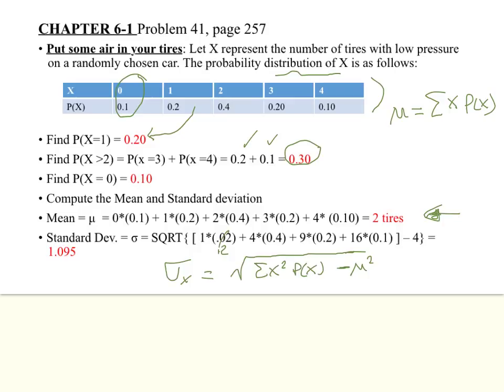The square of 3, which is 9, times 0.2, and the square of 4, which is 16, times 0.1. We add those up. We subtract 4 from it because we have to square the mean value, and then we take the square root of all that, and we get the number 1.095.